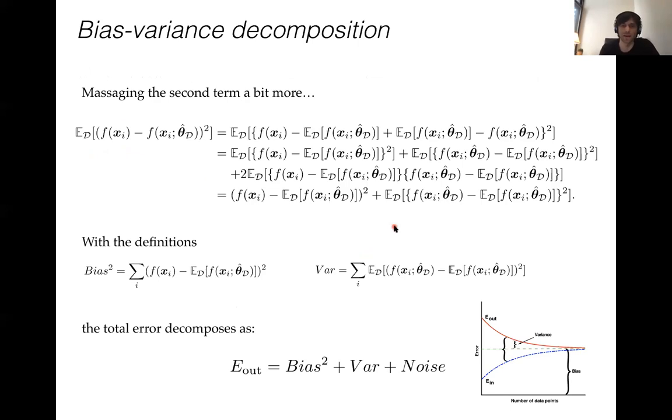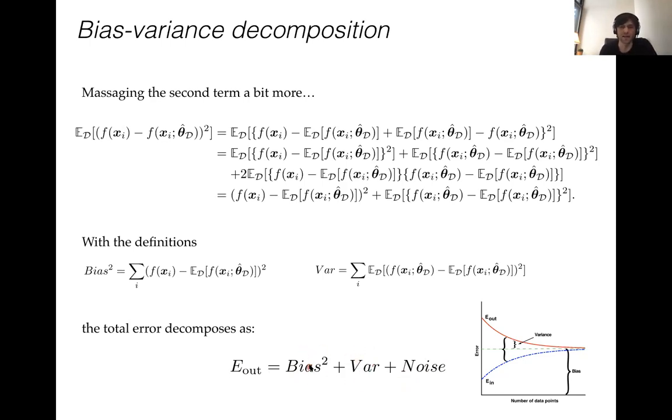And what you end up finding is that the total error can be decomposed into really 3 terms. So there's some fundamental noise that you can't surpass. And then there's a bias term and a variance term.